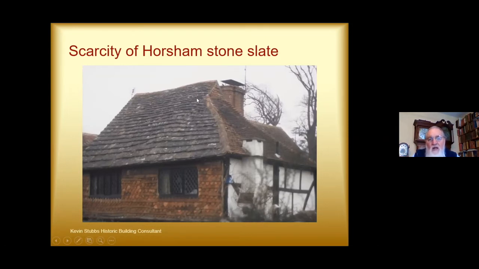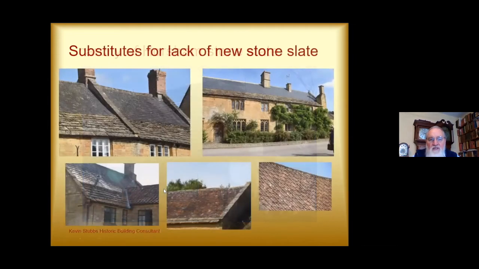You're stuck with what you've still got available historically, and then there's the problem: what do you do on the other slopes? So the policy in many of these areas is to move the stone slates onto those faces of the roof that are seen readily by the public, and use an alternative material on the other slopes.